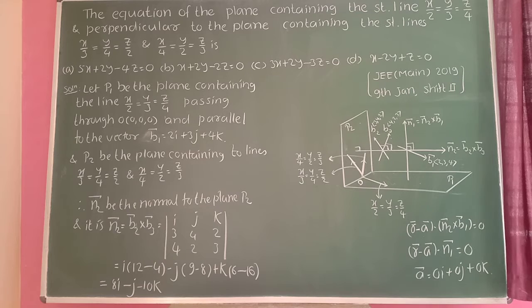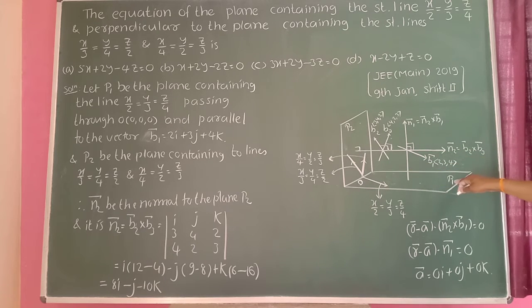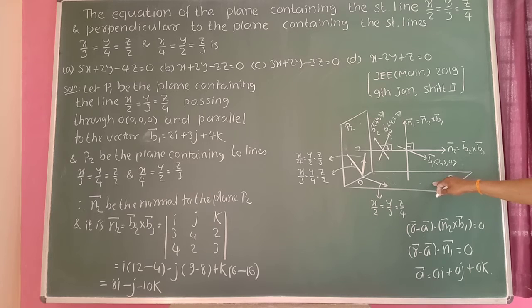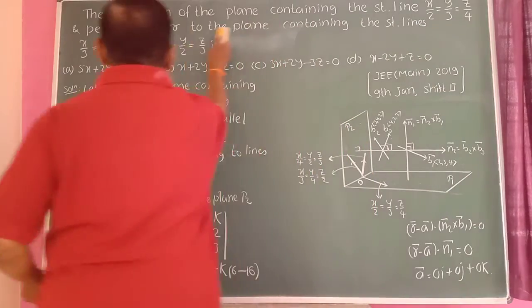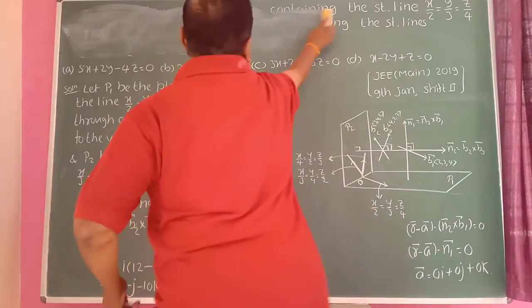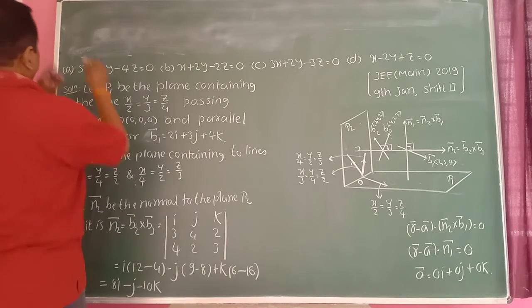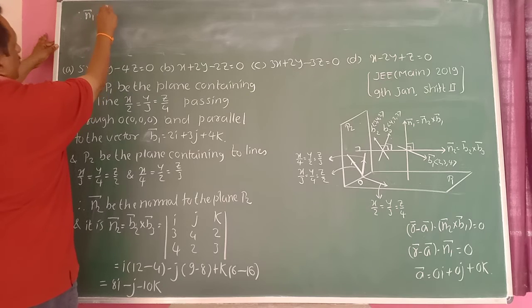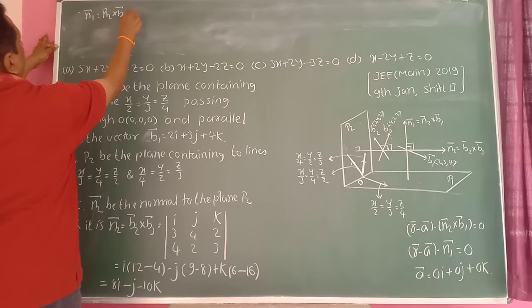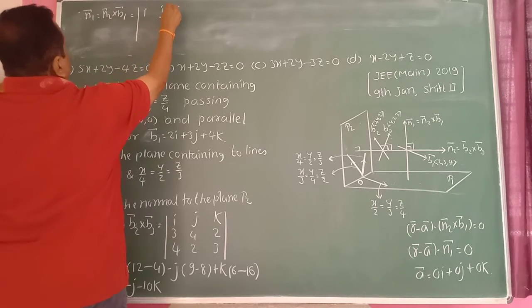Then this vector n2 bar and b1 are parallel to this plane. Now n1 bar is given by n2 cross b1, that is equal to the determinant of i, j, k.